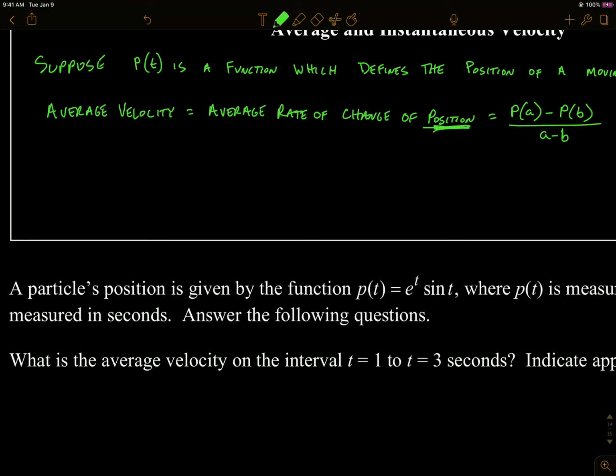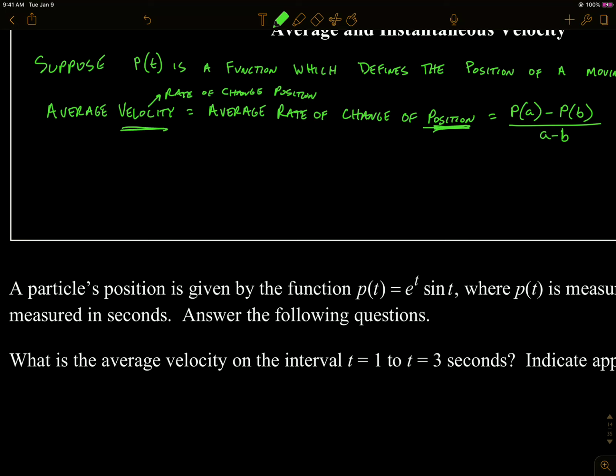When we talk about the rate of change of an object's position, we have a new word for that, velocity. So you have to think of velocity as really meaning rate of change of position. It's got its own word. We just say it's the object's velocity.